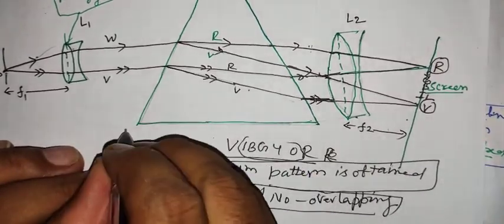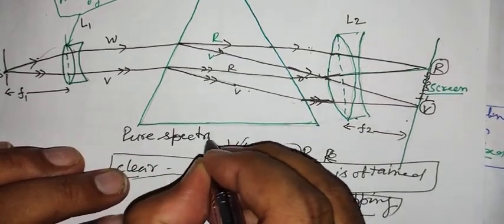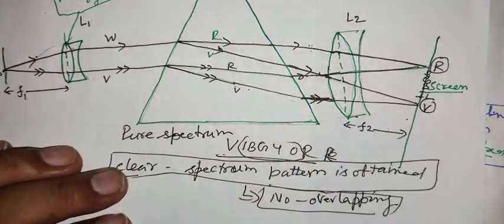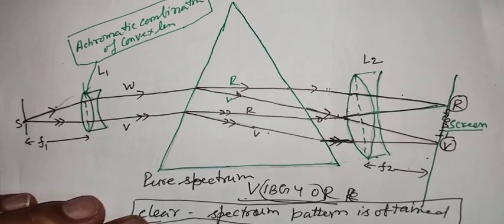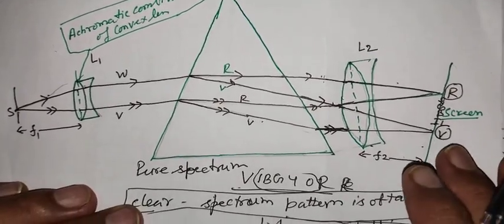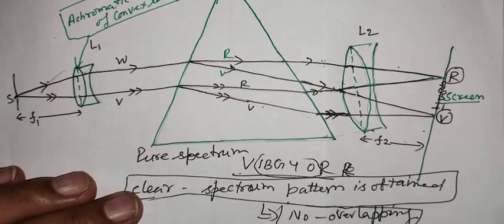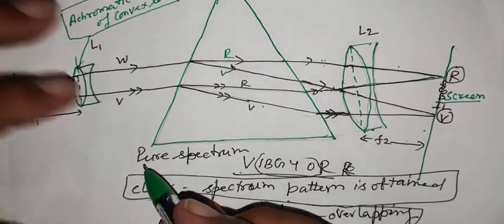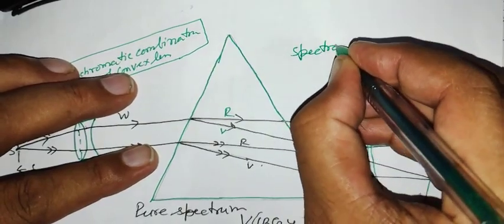This is called a pure spectrum. In that condition, all four conditions of the pure spectrum are applied here, and a device in which all these conditions are applied is called, see carefully here, a spectrometer.